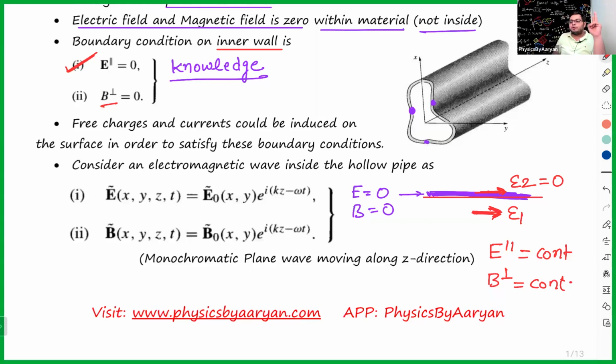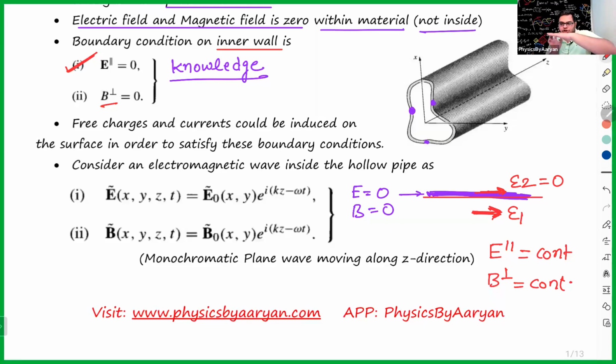So these are our two boundary conditions. First, parallel electric field is zero and perpendicular magnetic field is zero on this surface. On this surface. That's all. So these are the two boundary conditions. In order to satisfy these boundary conditions, some charges are induced and some currents are induced on this conductor surface.